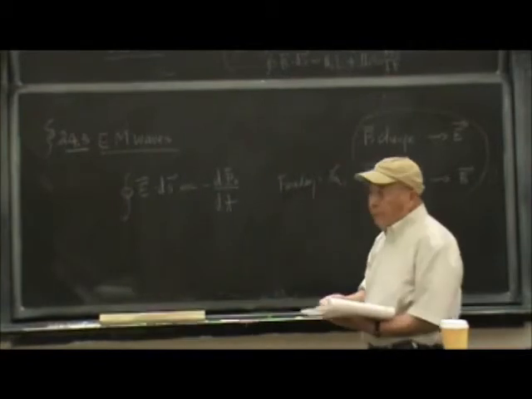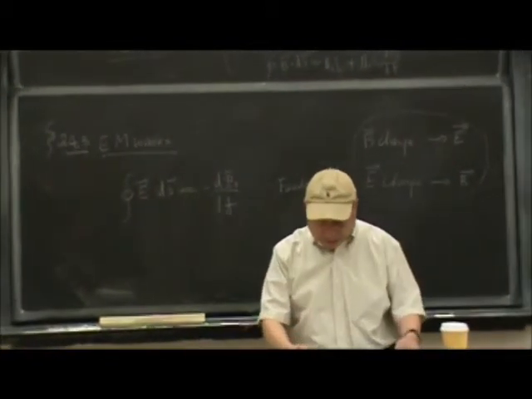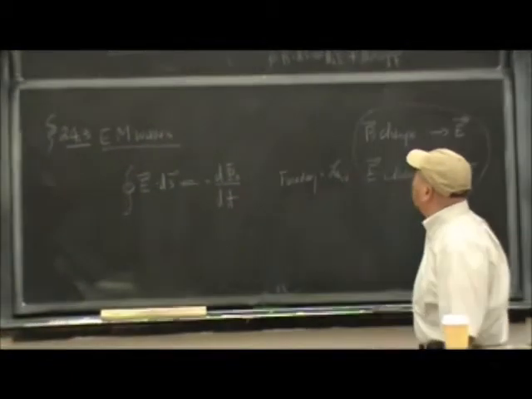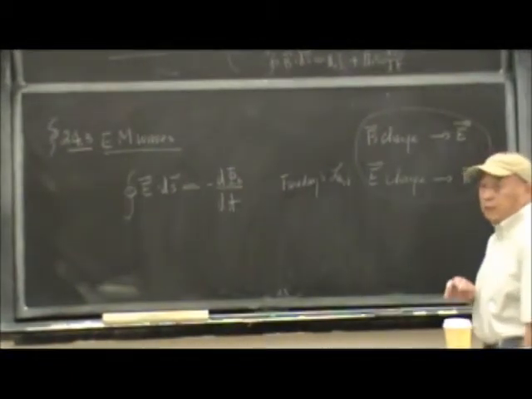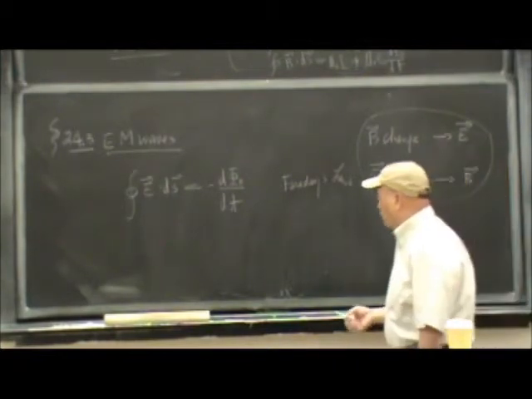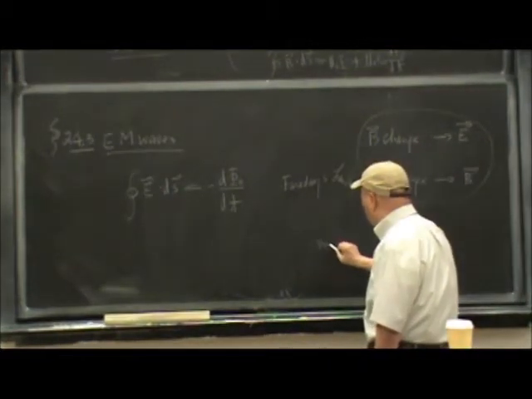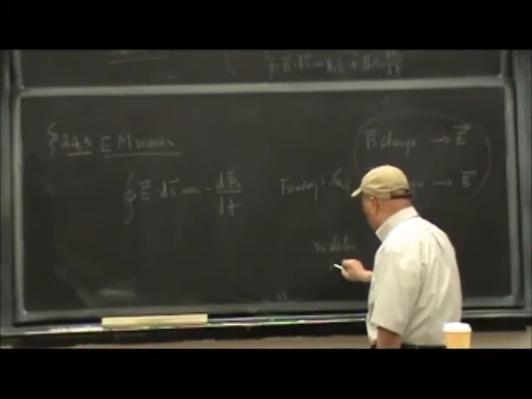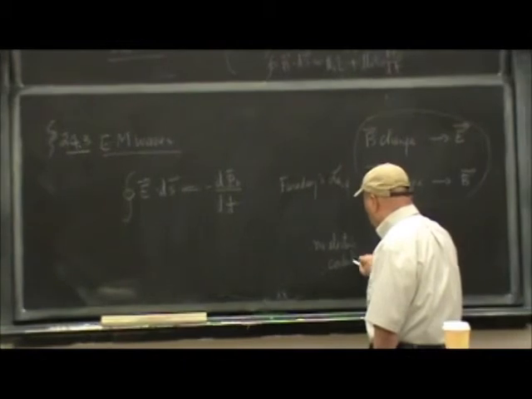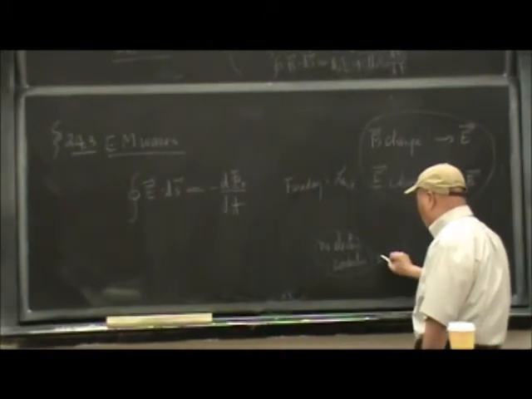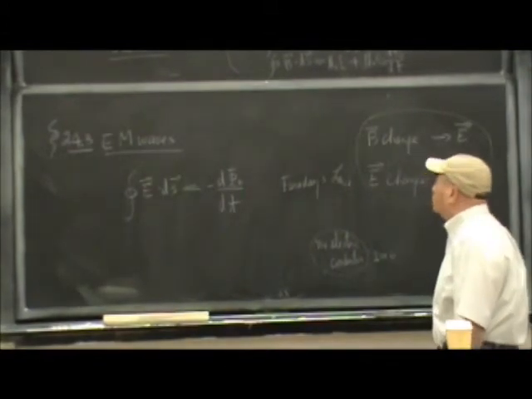Then from the generalized Ampere's law, please take a good look at it. If there is no electrical conductor around, it's free space, then the current is equal to 0.